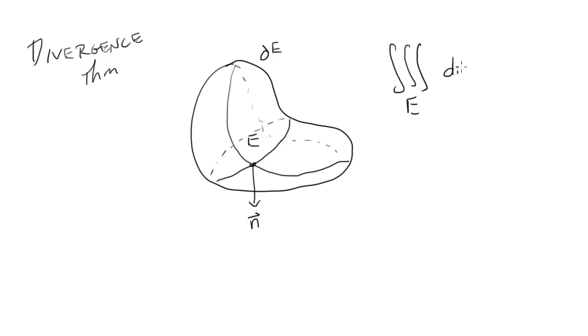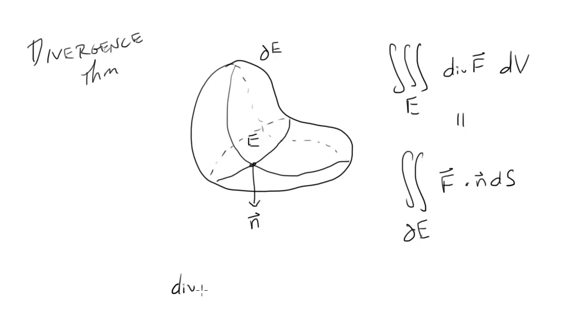The integral of the divergence over the whole region is the same as the outward flow of the force across the surface. The divergence is del dot F, and the partials dotted with the components.